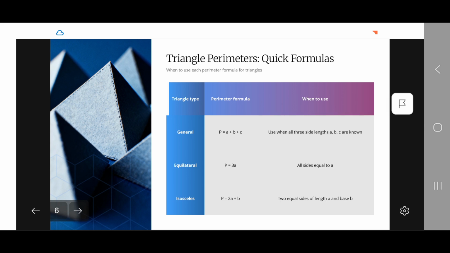So, general, put that on the top box of triangle type. Underneath, put equilateral. And put isosceles.